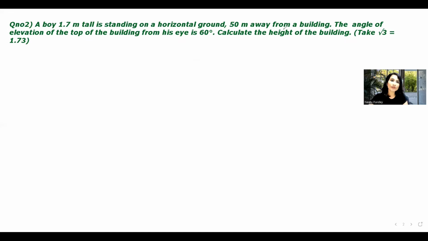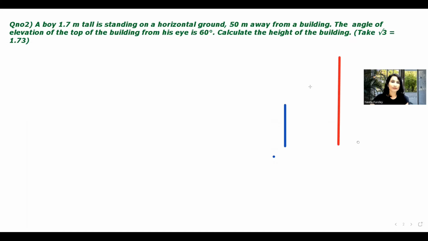So let us draw the figure first. So let this be the boy, 1.7 meter tall, and then draw the building. For convenience, we usually take just one. We usually take the height of tower, tree as a line.